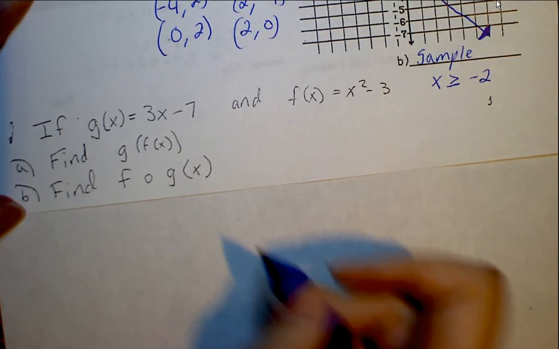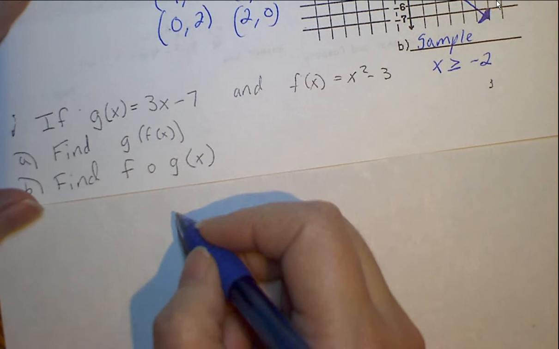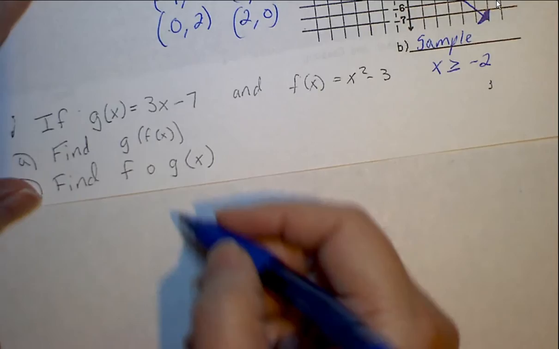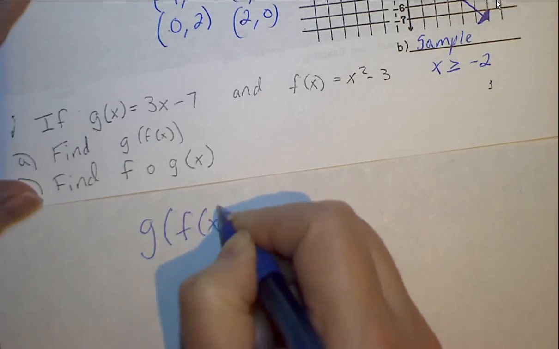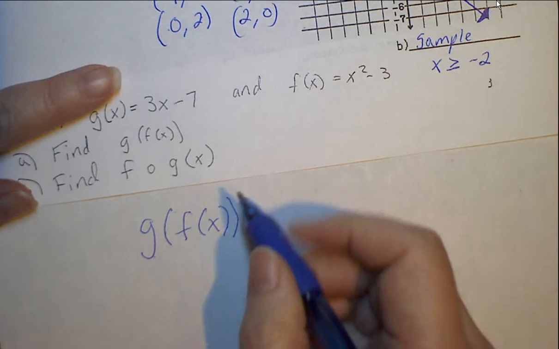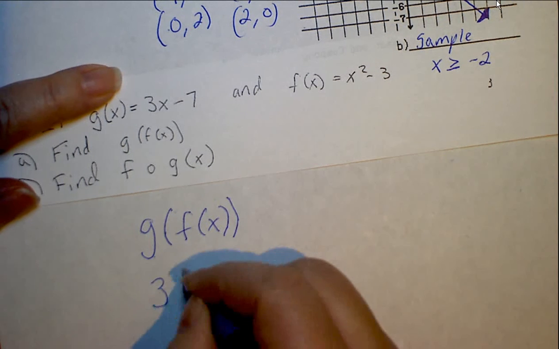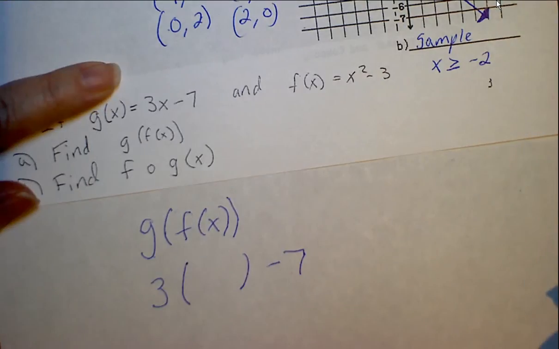So we have here g of f of x. So what is g? G is 3x minus 7. And then I want to put in f of x inside of my x.